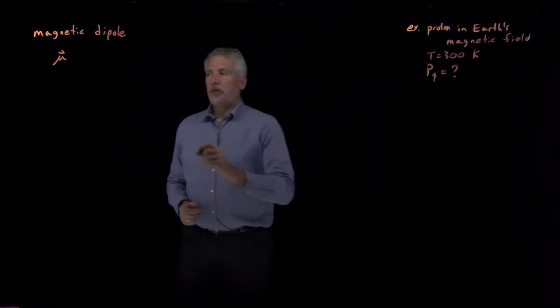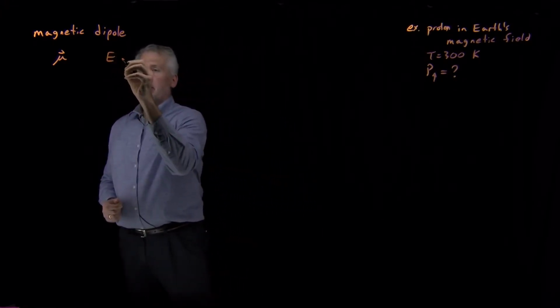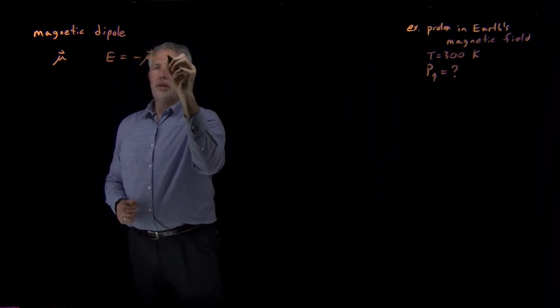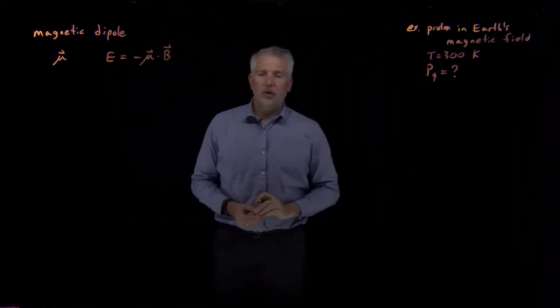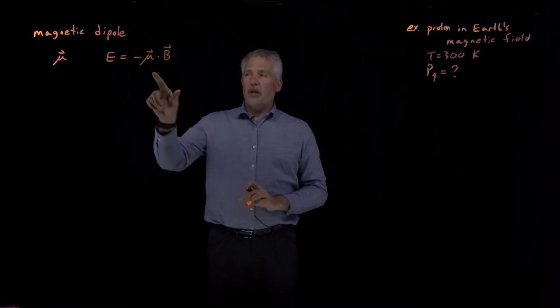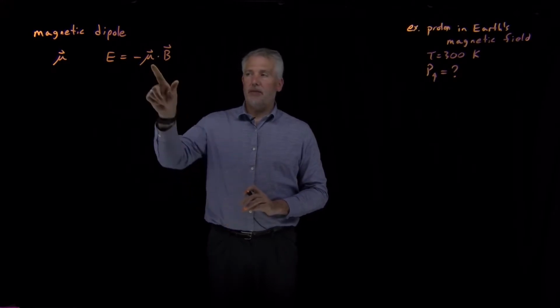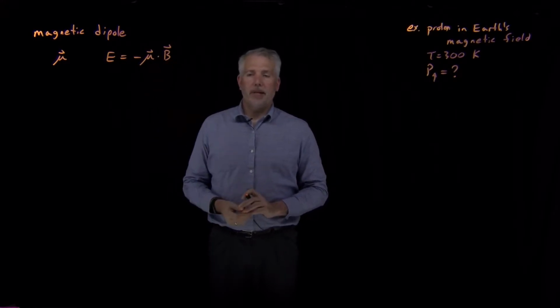And the reason that's relevant is because the energy of the nucleus in a magnetic field can be determined by this expression: the energy is negative the magnetic dipole moment multiplied by the magnetic field strength.